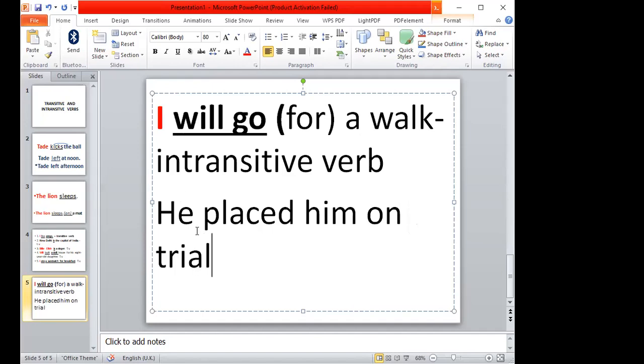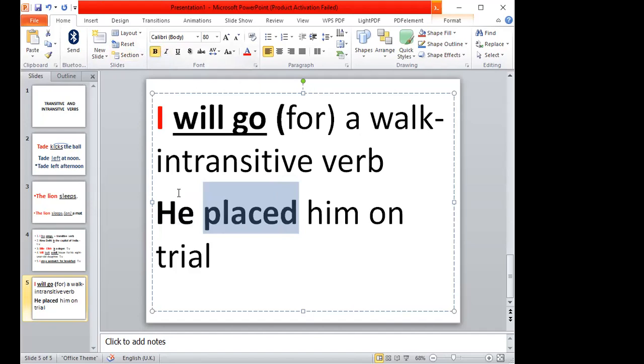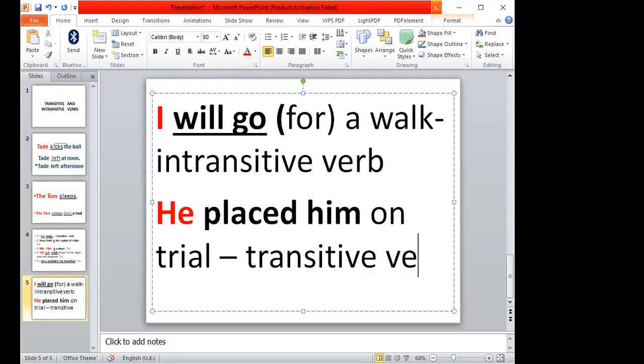Now, I want you to know that here I have my subject, here I have my verb, here I have a direct object. So which means for the verb that I've used in this sentence below, it will be what? A transitive verb. Why? Because between my verb and my object, there is what?